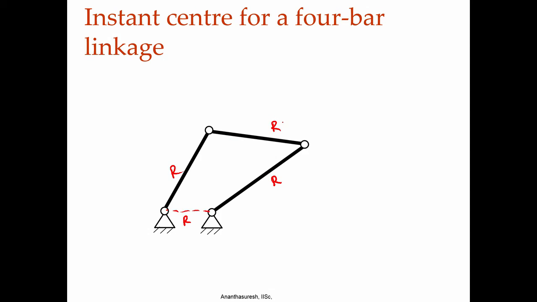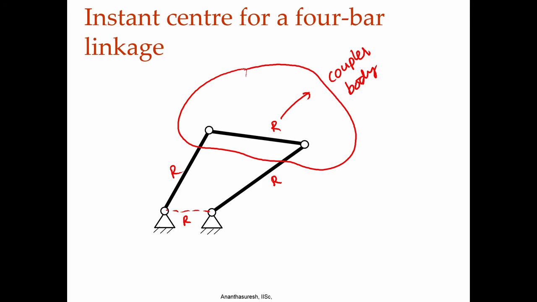Now, if I focus on this, which we can call the coupler body, that is rigid. In a plane, a mechanism is moving. When you have 2 points and you say that body is rigid, you can imagine a rigid body of whatever size, in the entire infinite lamina, you can think of that as a rigid body.